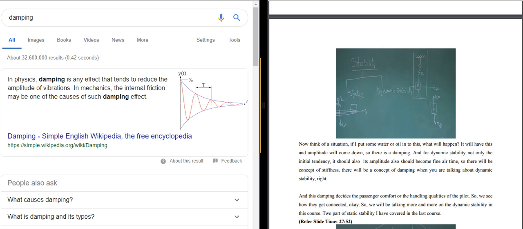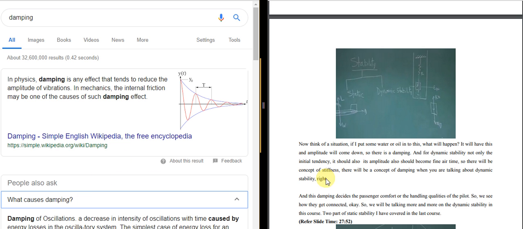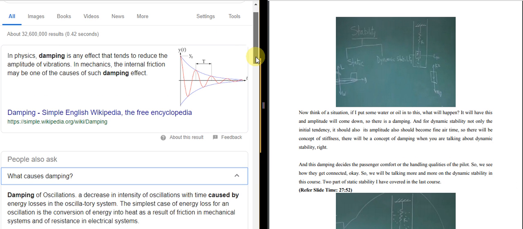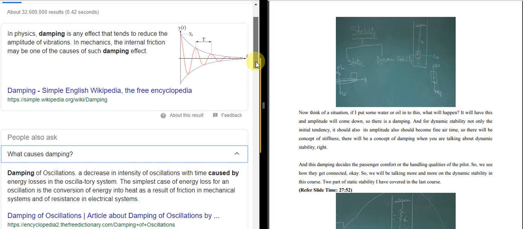What causes damping? Damping of oscillation is a decrease in intensity of oscillation with time caused by energy losses in the oscillatory system. The simplest case of energy loss for an oscillation is the conversion of energy into heat as a result of friction in mechanical systems and of resistance in electrical systems.